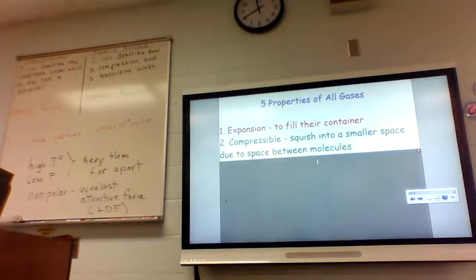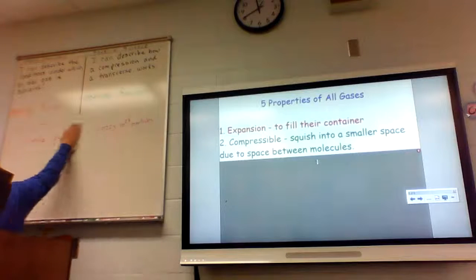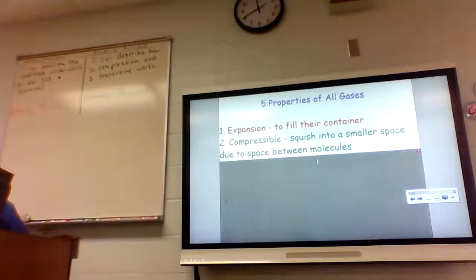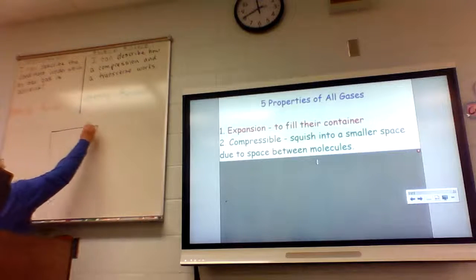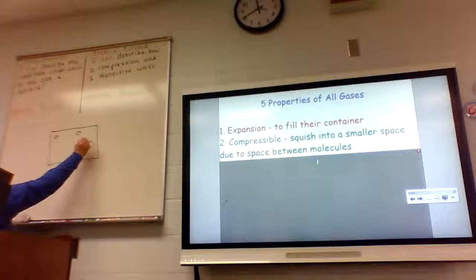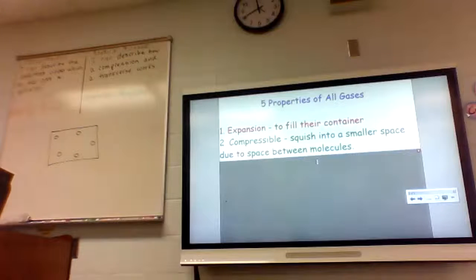Now, at some point in your science background, somebody should have probably drawn for you a picture that represented a gas, and they drew the particles with lots of space in between.